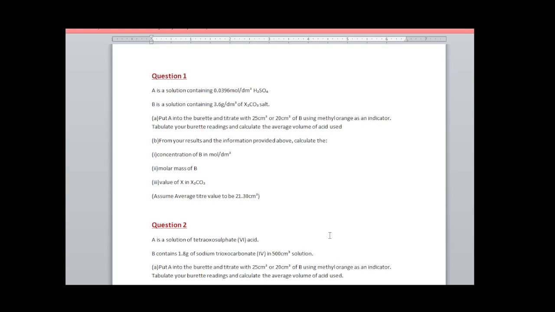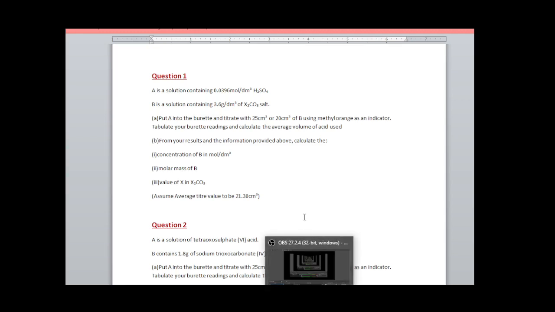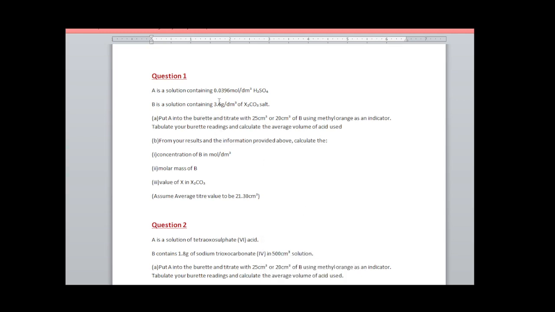The first question says: A is a solution containing 0.0396 mole per dm cube of H2SO4, and B is a solution containing 3.6 grams per dm cube of X2CO3 salt.